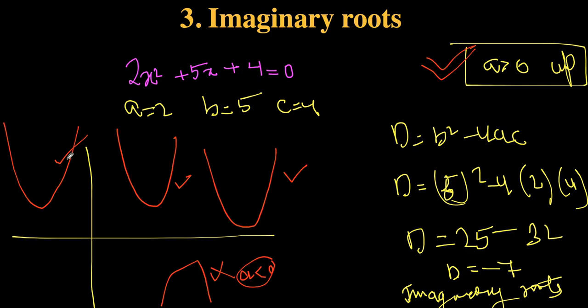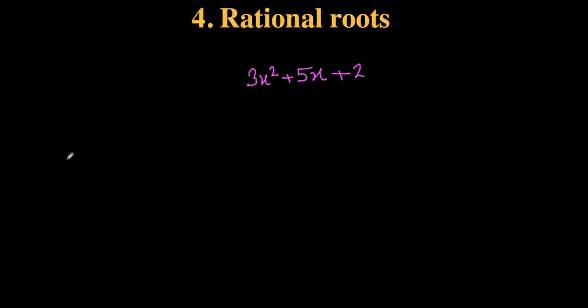Now there is another thing which is a subpart of the first one, when you will get the rational roots. Okay, so rational roots is also a part of real roots.